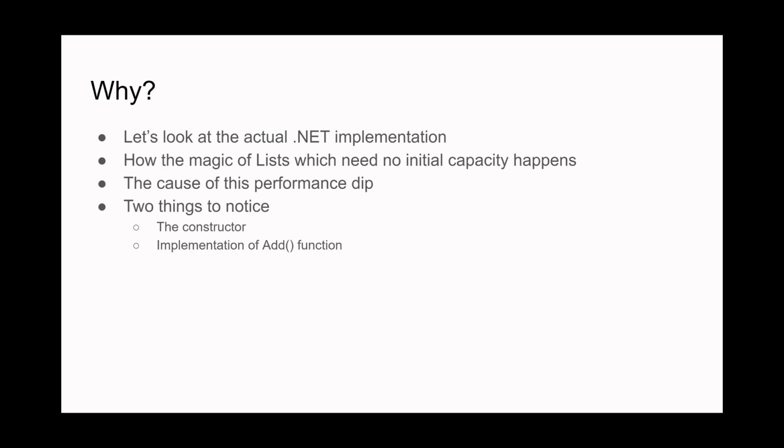Since we are looking at code, I'll try to explain why this dip is happening. I would like you to notice two functions: the constructor of the class and the implementation of the add function. So let's look at some code.